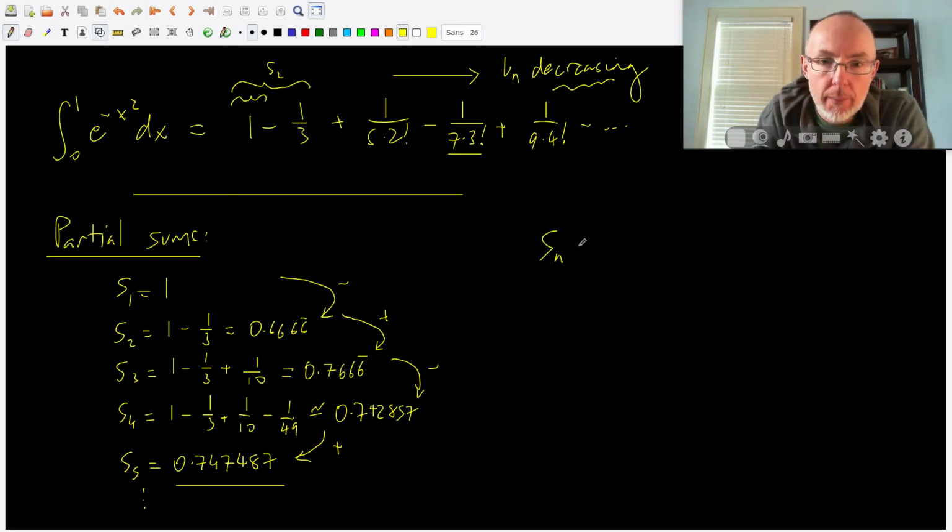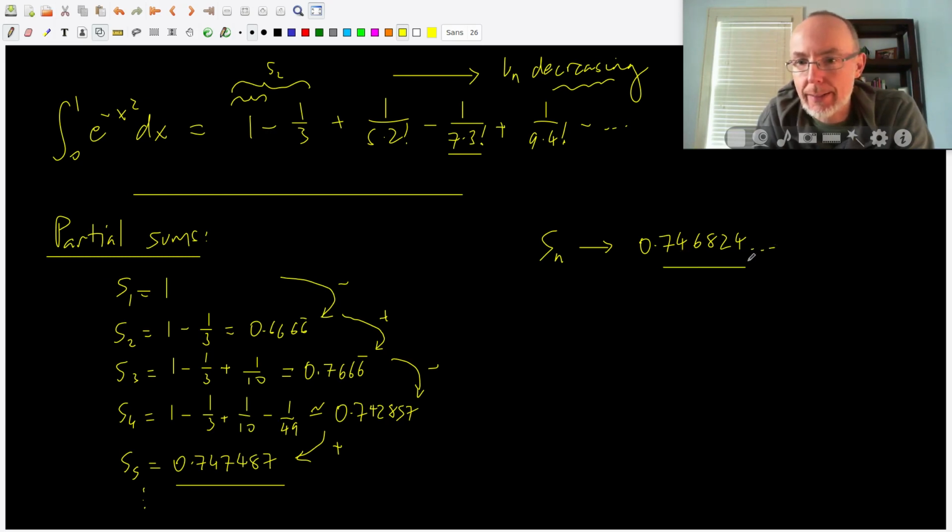And as you build this series, we find that Sn, the nth partial sum, at least to 6 decimal places, stops changing. It starts getting closer to 0.746824. It keeps changing in the decimal places as n gets larger. Obviously, it will never converge to a fixed number until we've got an infinite number of terms added on.